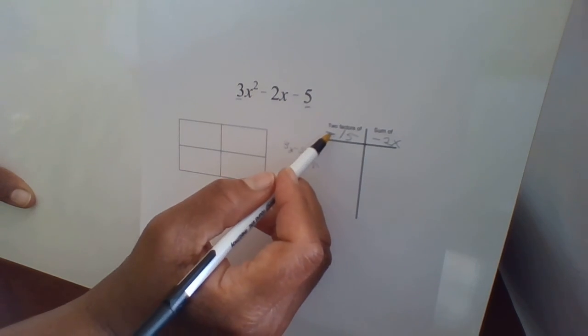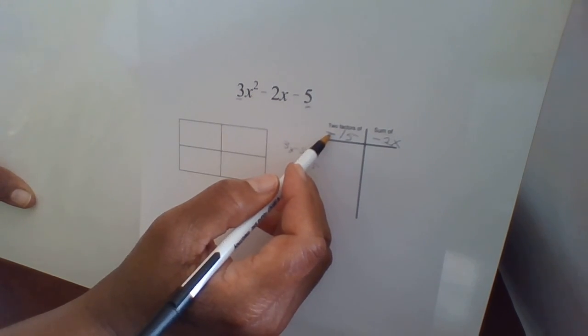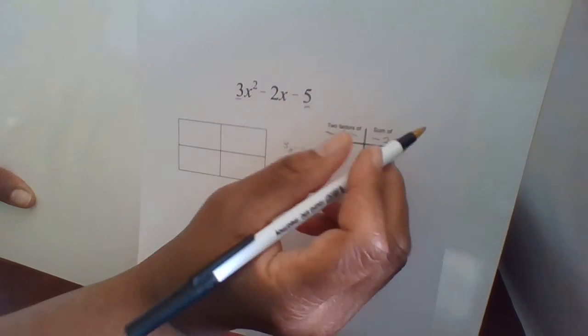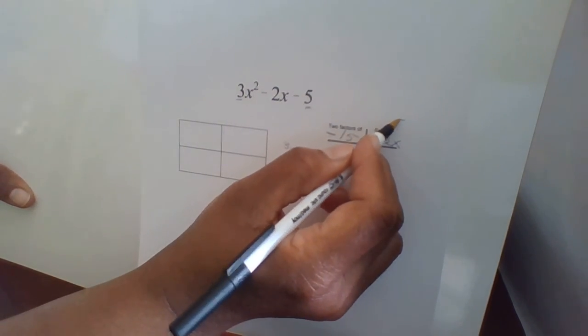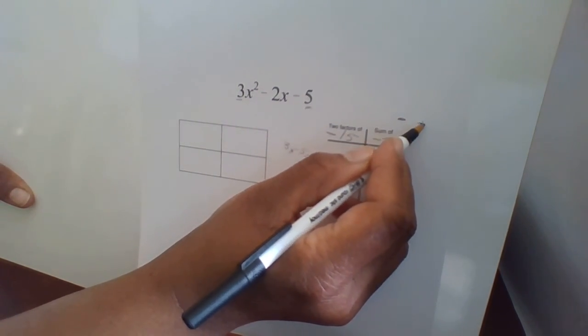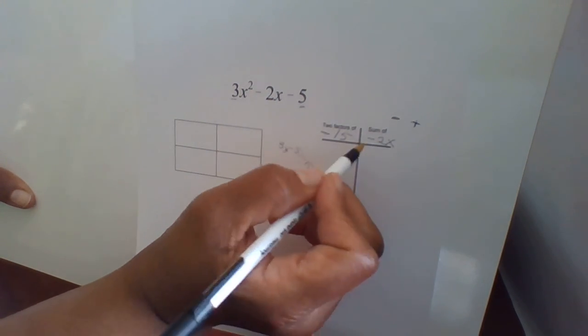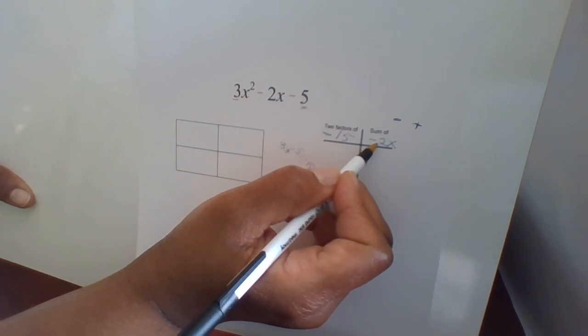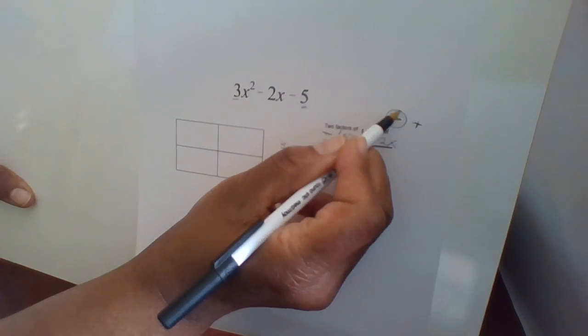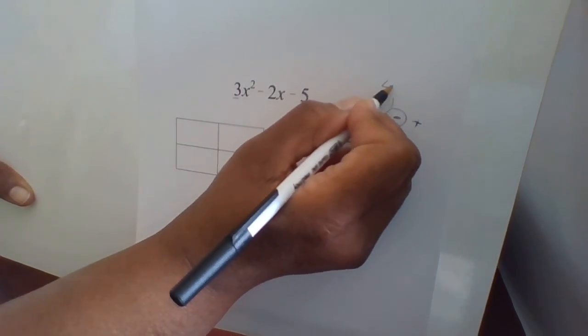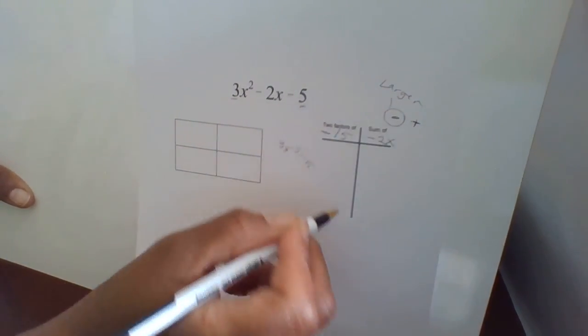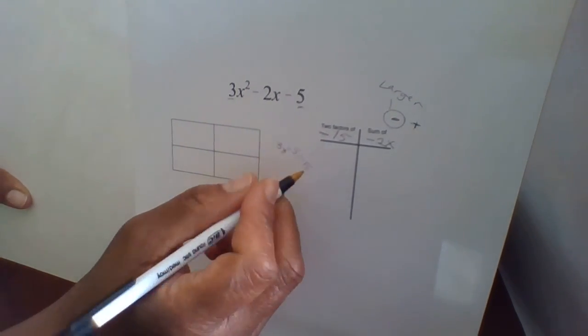Since I need a product that's negative, of the two factors I'm looking for, one has to be negative and the other one has to be positive. But since I need a negative sum, the larger number is going to be negative.